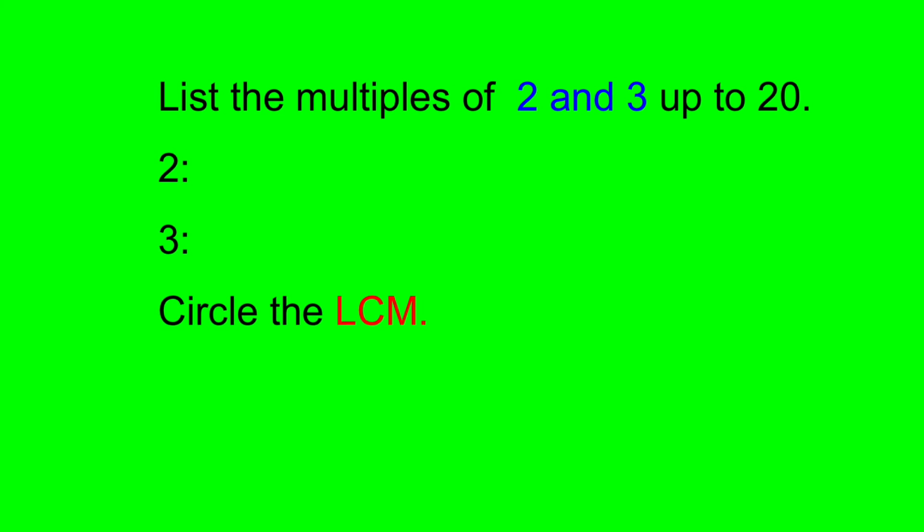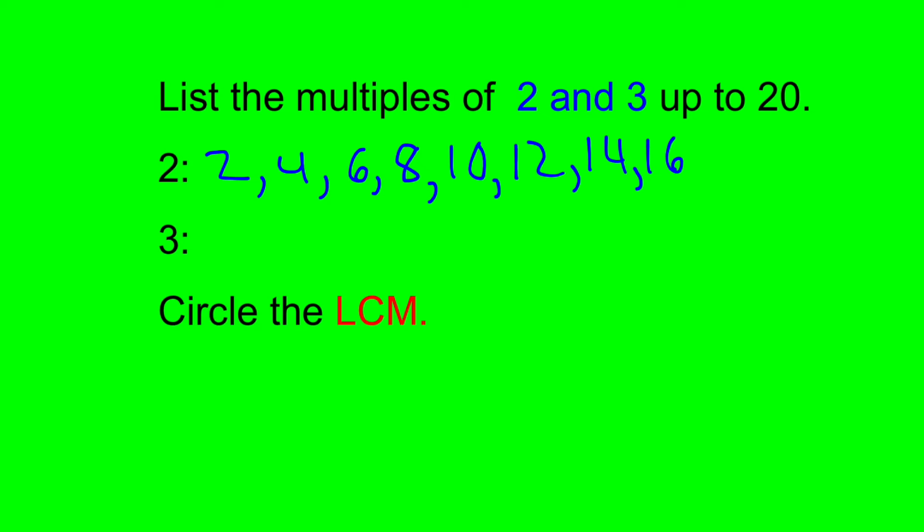Okay, here's another one. List the multiples of 2 and 3 up to 20. If we skip count by 2s, we'd start with 2, 4, 6, 8, 10, 12, 14, 16, 18, 20.